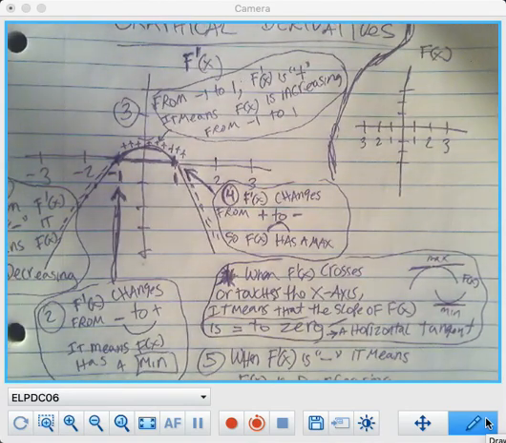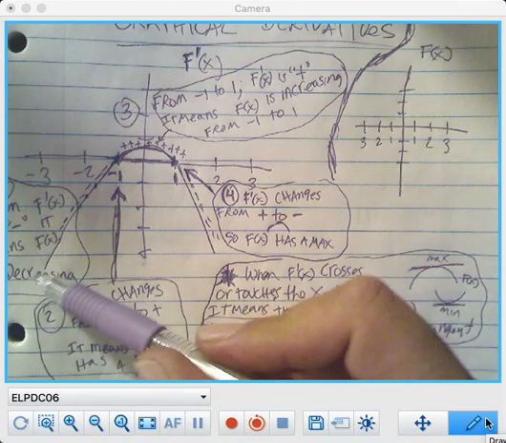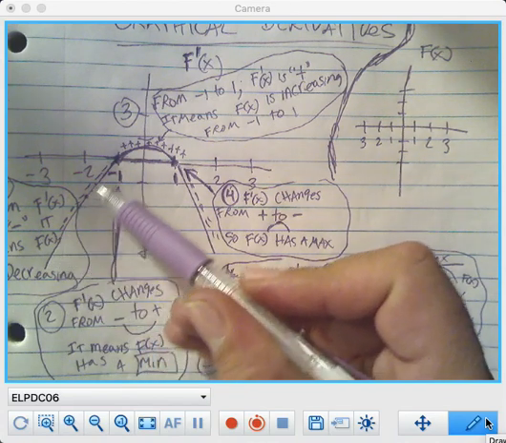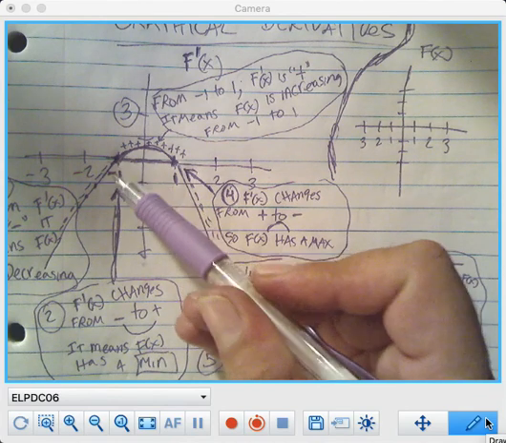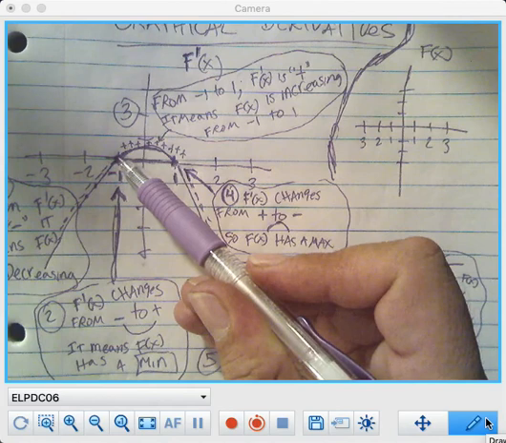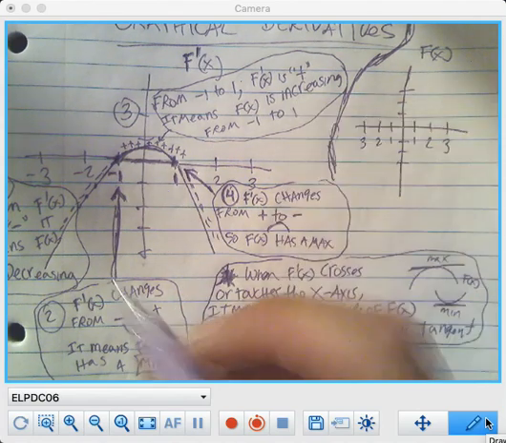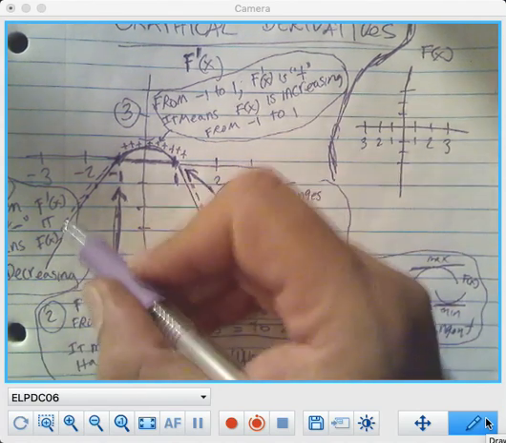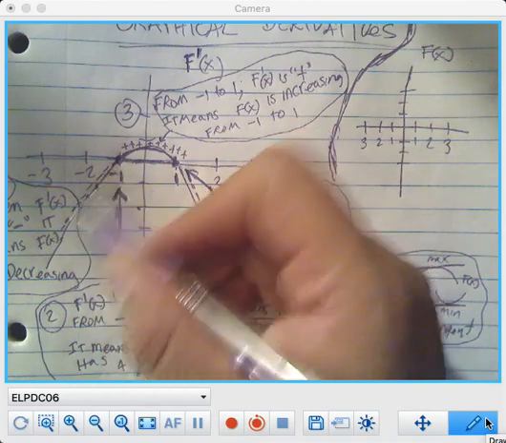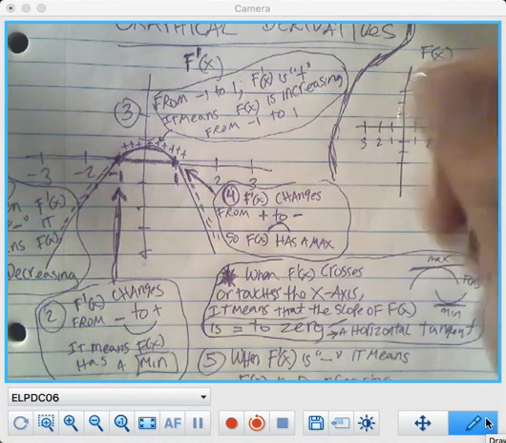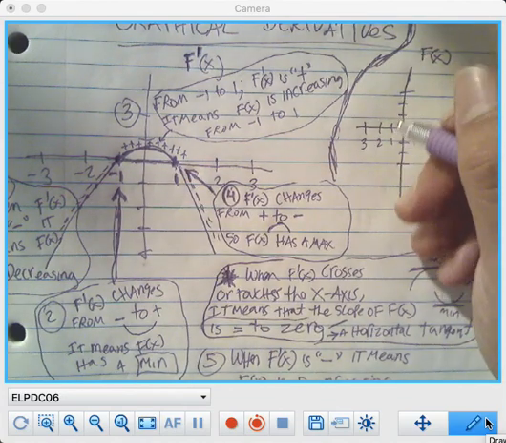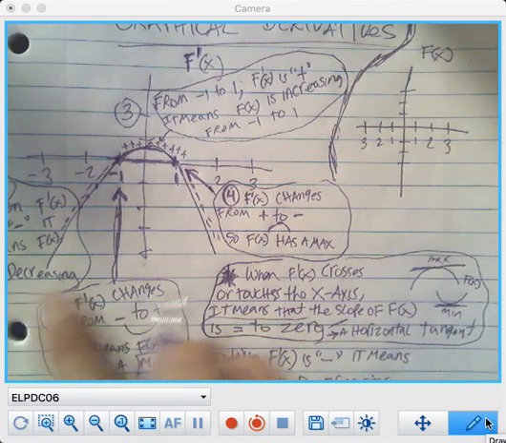The first thing that happens, we see, is this line here. And I know that the first point, something happens at x equals negative 1. So what's going on? This is telling me that the derivative is negative, so that means our function is decreasing.